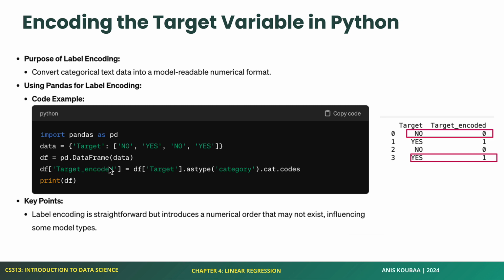We can have a data frame, and here we can convert the target, which is no or yes, to codes. We can use astype category, .cat.codes, and if we print the df, it will print all the codes related to the categories available in the data.